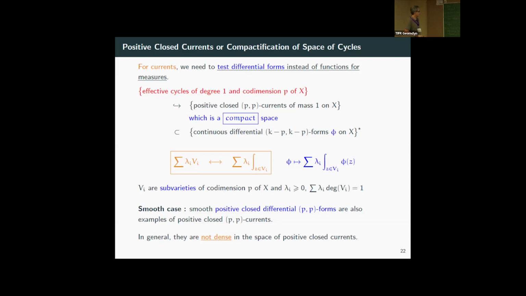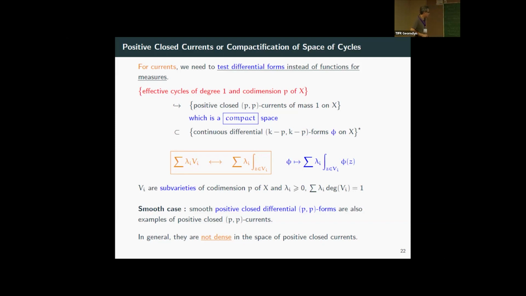So then you have the space of effective cycles of degree 1 and of codimension p in X. And I didn't define exactly what is a positive closed current, but you can embed it inside the space of positive closed (p,p) currents of mass 1, which is now a compact set. So this is some way to compactify the space of cycles. And you can see this using test differential form phi, which means that you again use the duality point of view for currents.